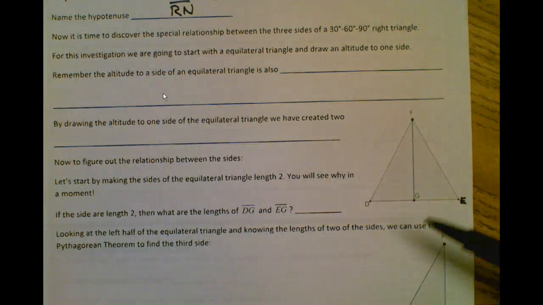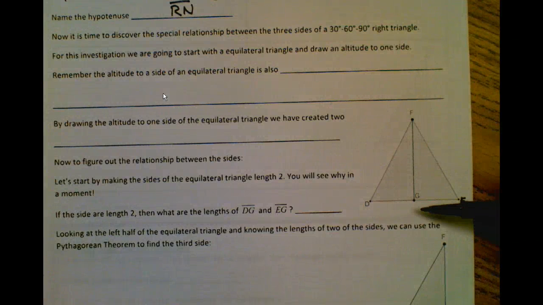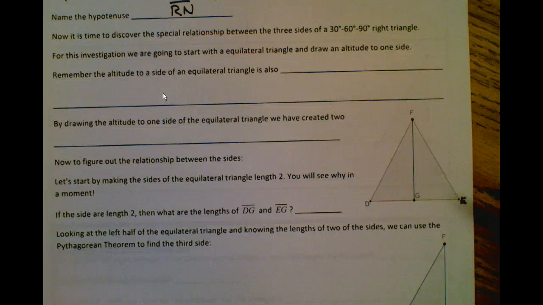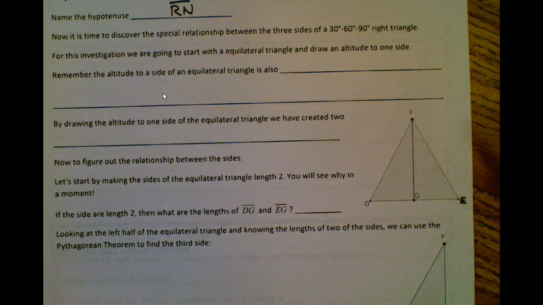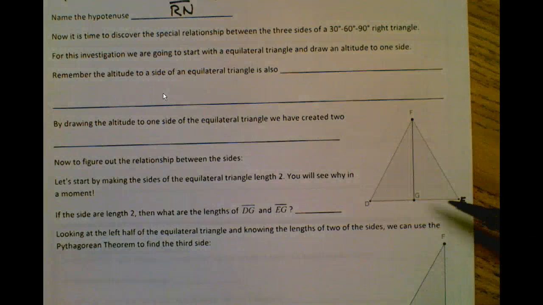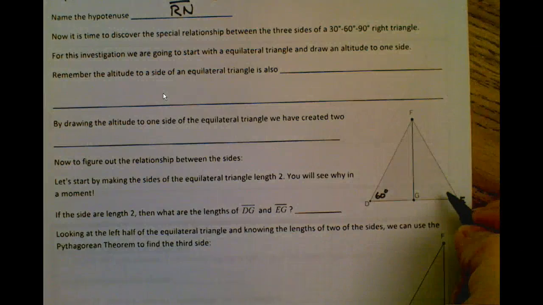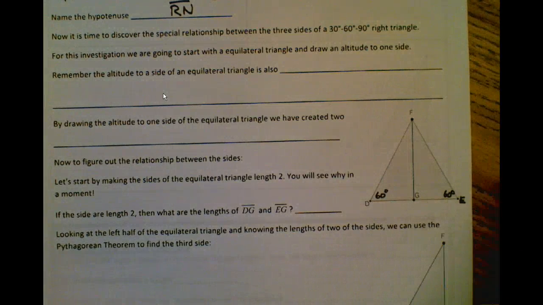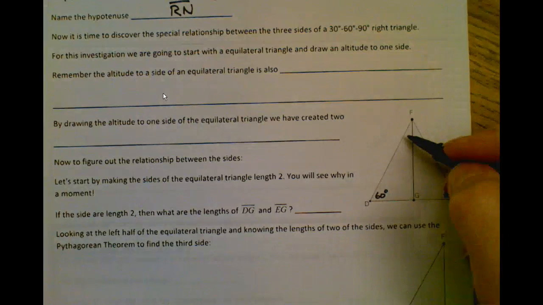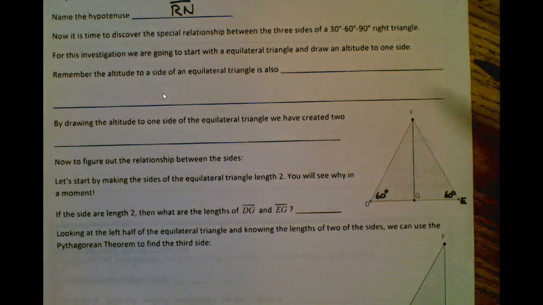All three sides are going to be equal, and then we're going to draw the altitude to one side. So what do we know about the angles of an equilateral triangle? Well, we know that they're all equal. So 180 divided by 3 would give us 60, so I know that this would have to be 60 degrees. This would have to be 60 degrees. This whole angle up at the top would have to be 60.